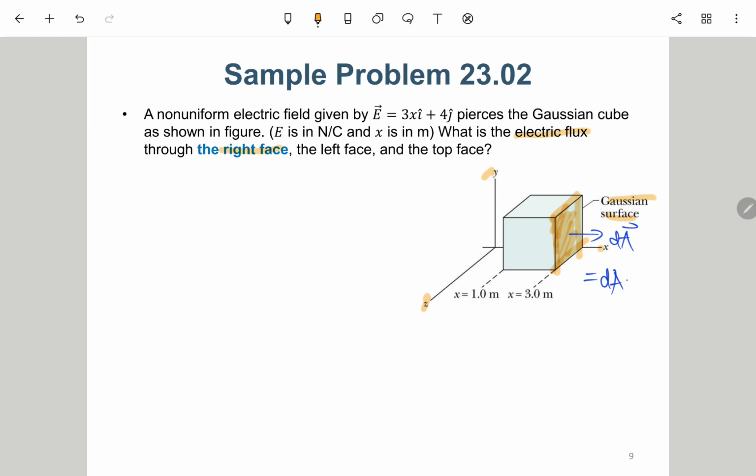This is the positive x-axis pointing to the right side, so we use i hat here to represent the unit vector in the x-axis. Here we can calculate E dot dA for the right surface. We use a small r to represent the right.